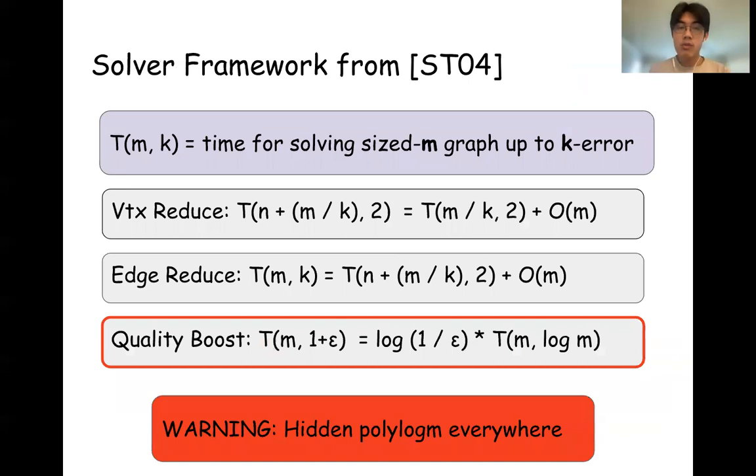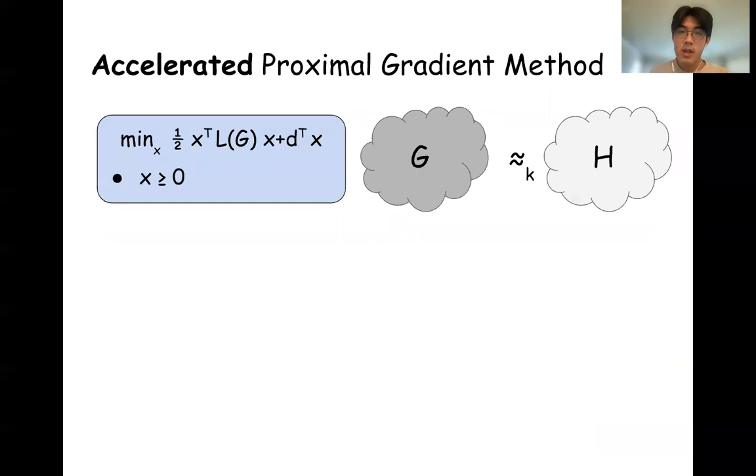So the last component of our algorithm is this quality booster. The underlying implementation of the quality booster is called the accelerated proximal gradient method.